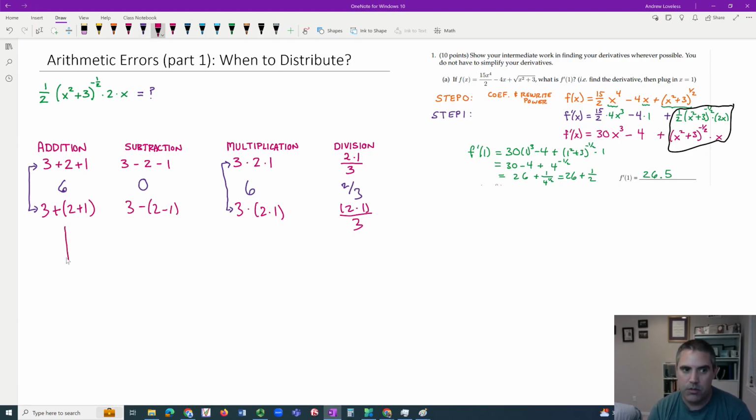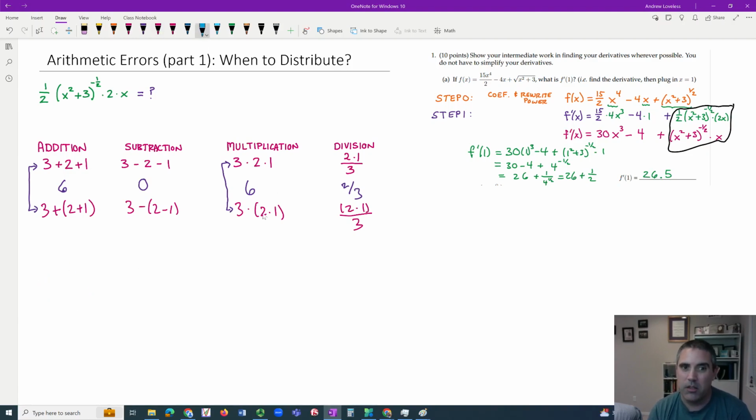I've seen students distribute this many times. Calculus, high-level calculus classes. I've seen students distribute and tell me that 5 plus 4 is 9. I've had students tell me that 3 plus 2 plus 1 is 9, and they don't see a problem with it. So that's a problem where you should not be distributing if all it is addition.